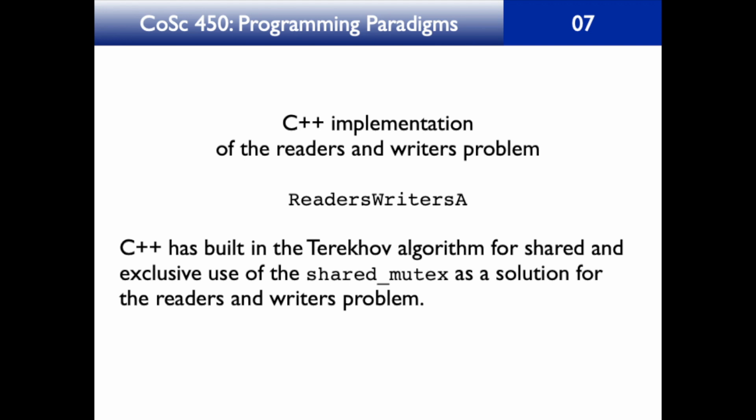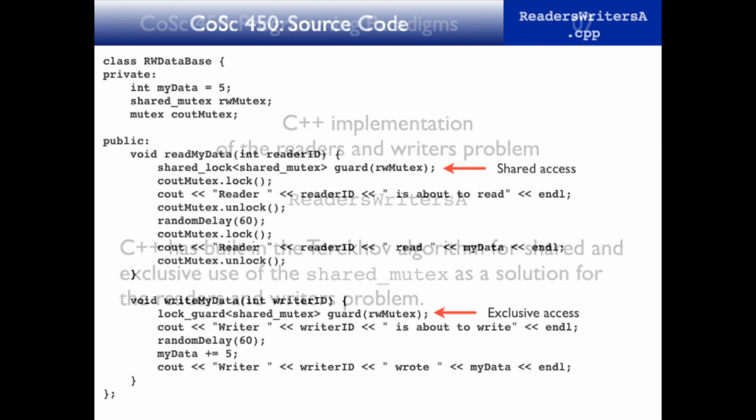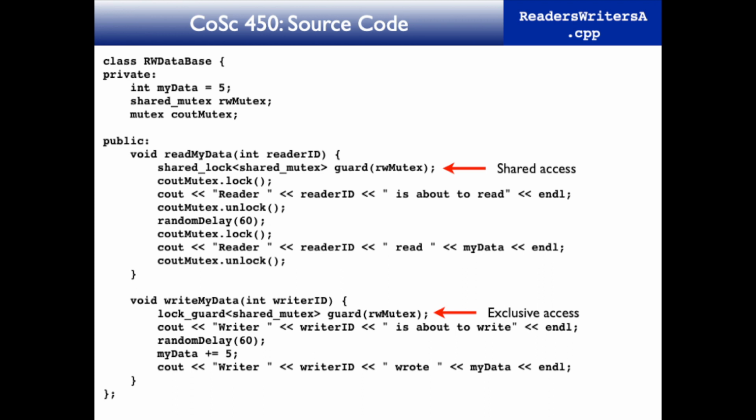So here's the code, and it looks extremely simple because of these C++ features of the shared mutex. So let's do a little code walkthrough. Now our monitor is called RW database, and the way we're going to illustrate this is we have a private int named myData, which is initialized to 5.